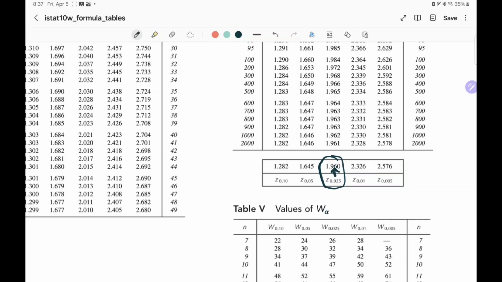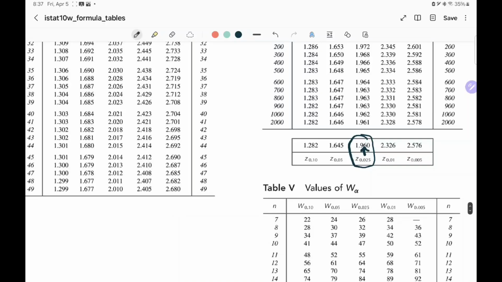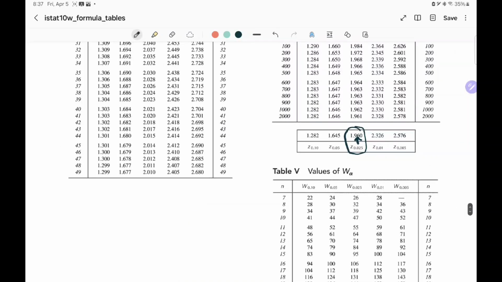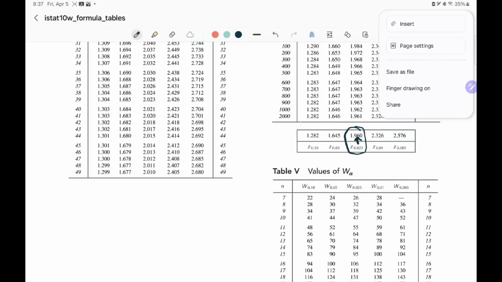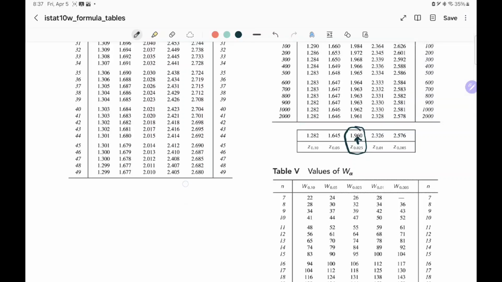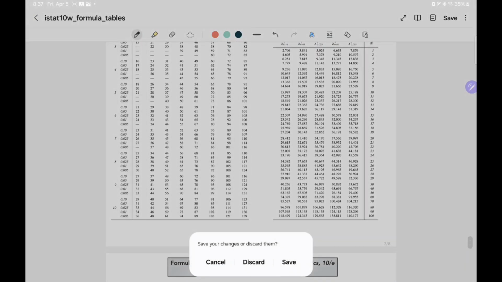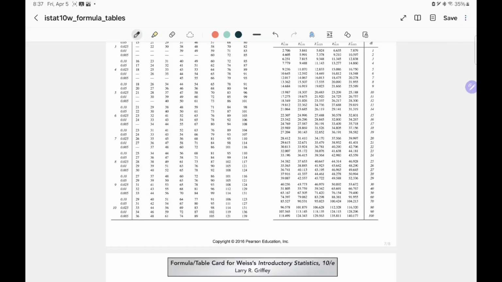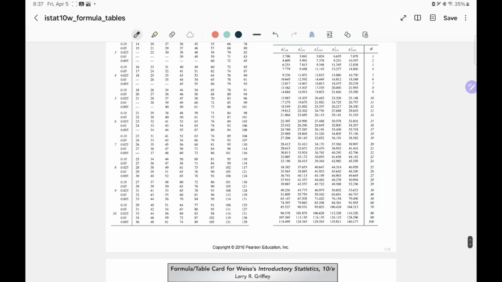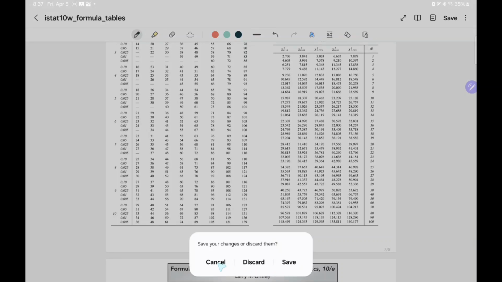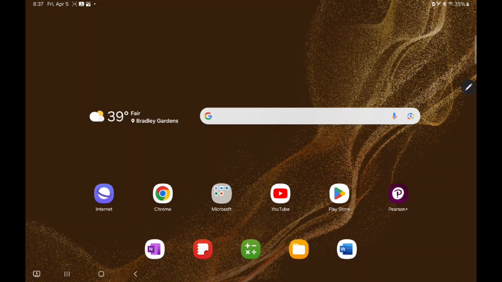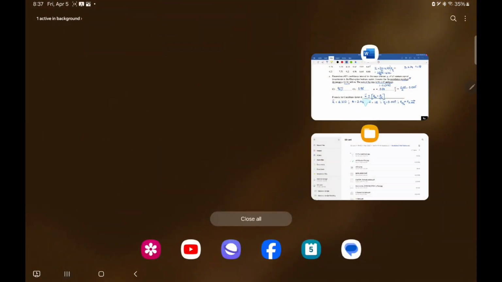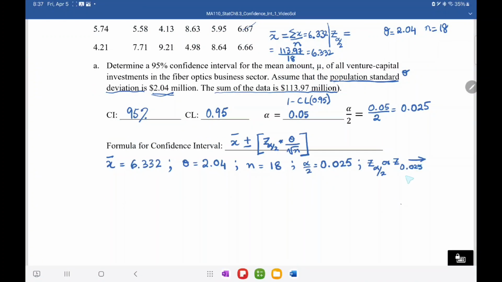So let's go back to the worksheet. Okay, so z of 0.025 was 1.960, right? So we have all the values we need.